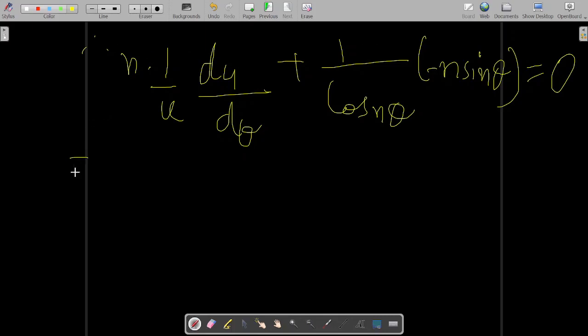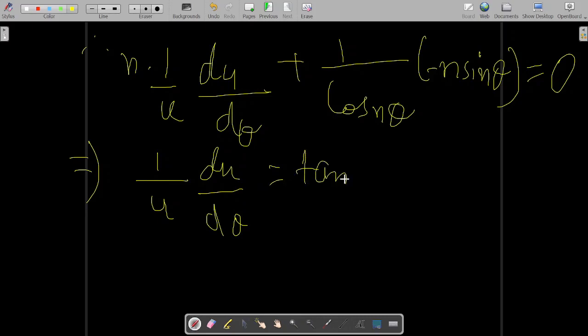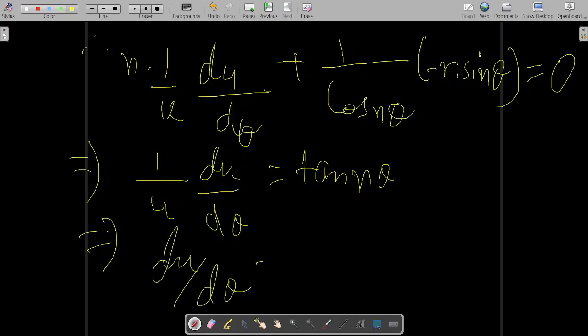That implies 1 over u du by d theta is equal to tan n theta, so du by d theta is equal to u tan n theta.